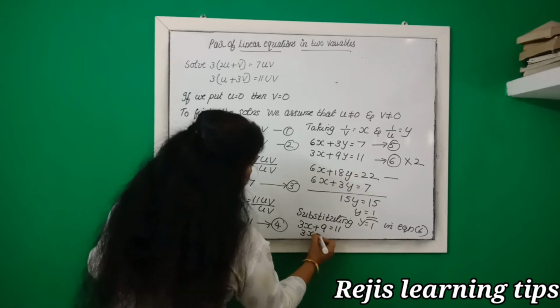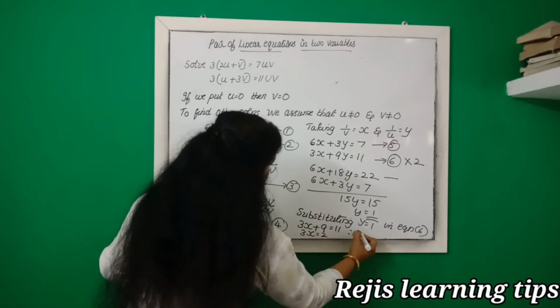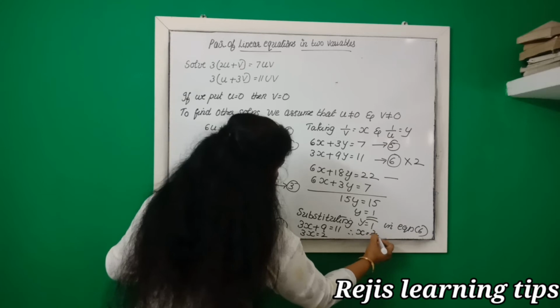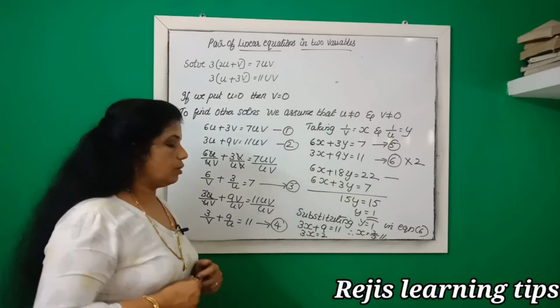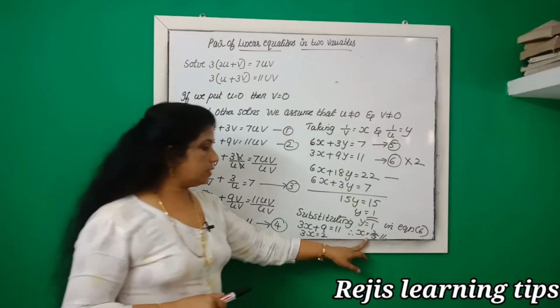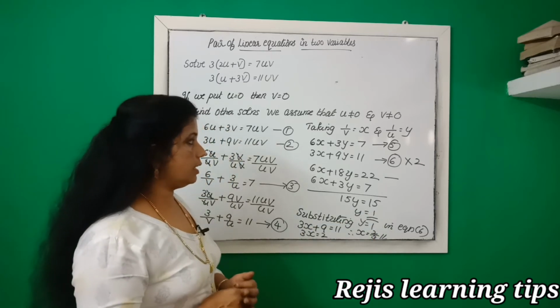So 3x is equal to 11 minus 9, that is 2. Therefore x is equal to 2 by 3. Then x is equal to 2 by 3 and y is equal to 1.